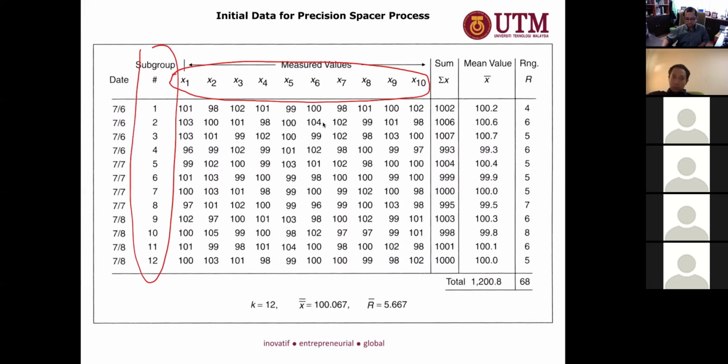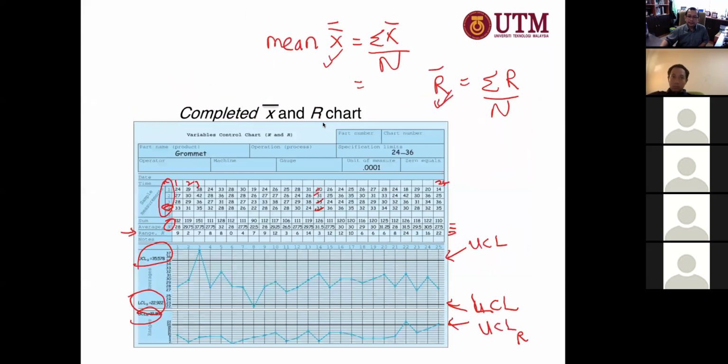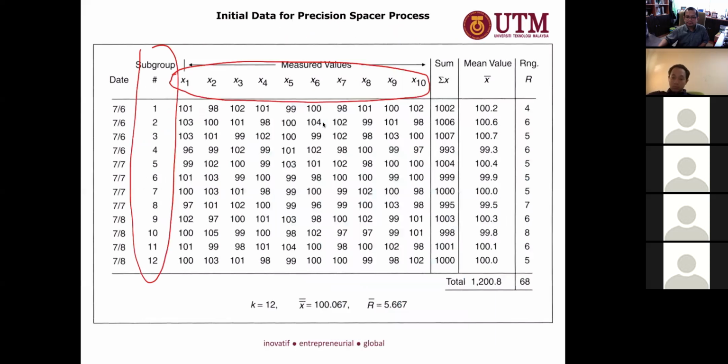What should we do? Regardless of whether the arrangement is vertical like this or horizontal, it doesn't matter, as long as you're able to identify which one is the subgroup. Here is the set of data for each subgroup.